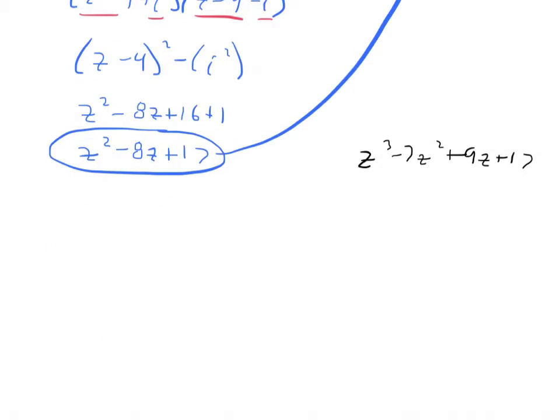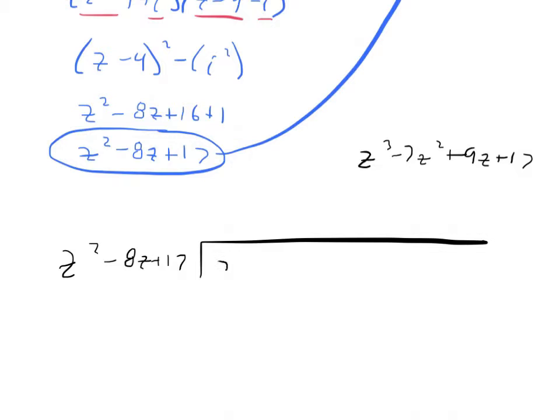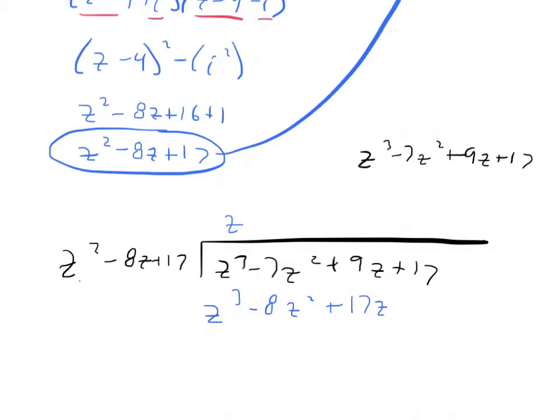So what I need to look at is how many times does z squared minus 8z plus 17 go into z cubed minus 7z squared plus 9z plus 17. So z squared goes into z cubed z times. If I distribute this down to all of these, I'm going to end up with z cubed minus 8z squared plus 17z.